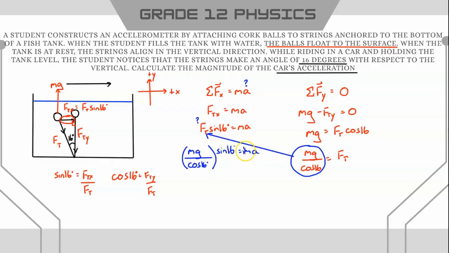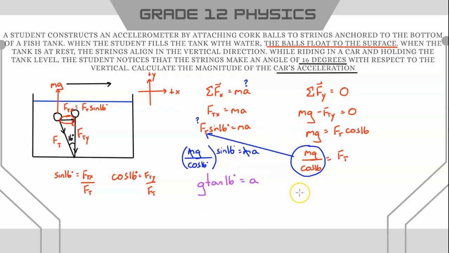Mass is the same on both sides, so they cancel. And my students love it when I use trig identities. No, that's not true. They hate it. But it really simplifies things. So sine 16 divided by cos 16 is just tan 16. So this is g tan 16, which equals acceleration.